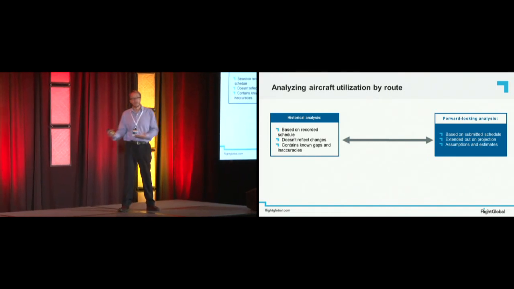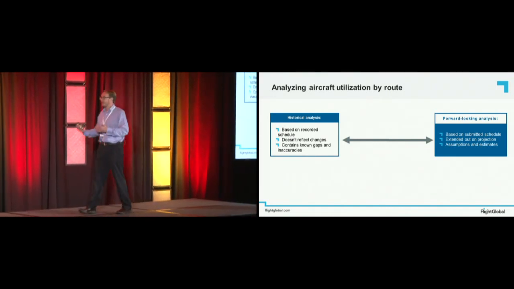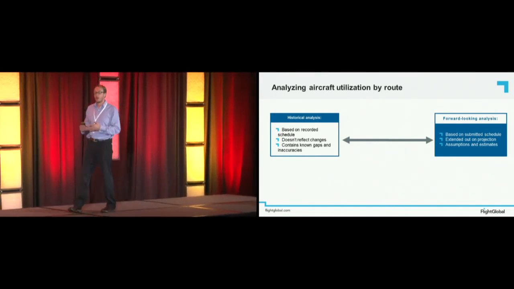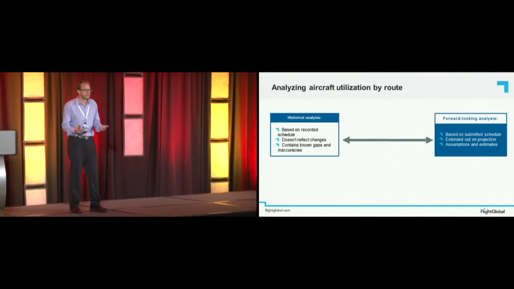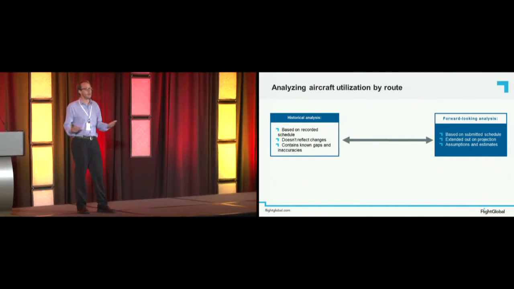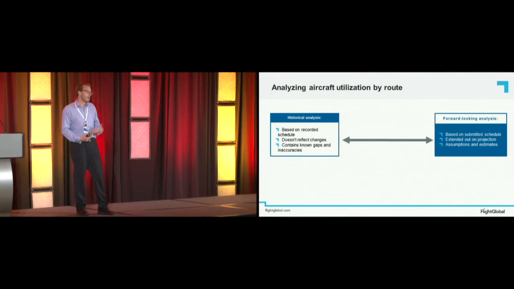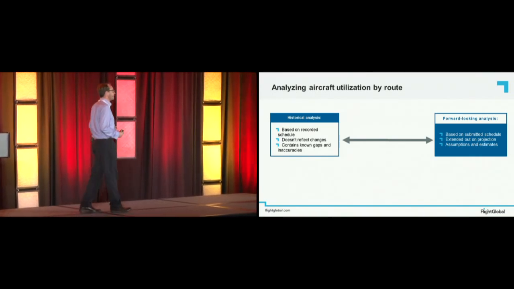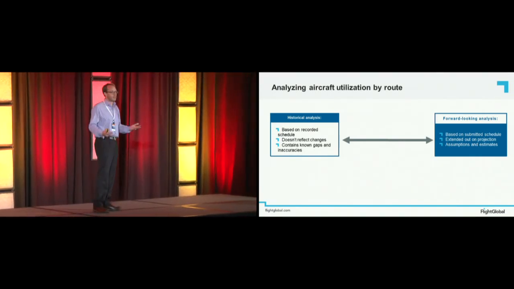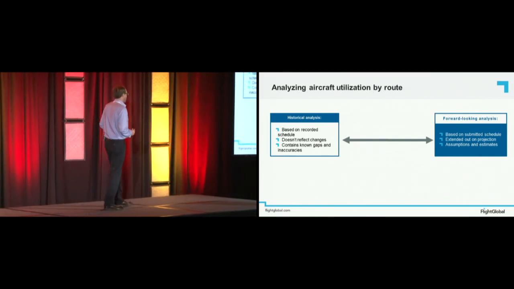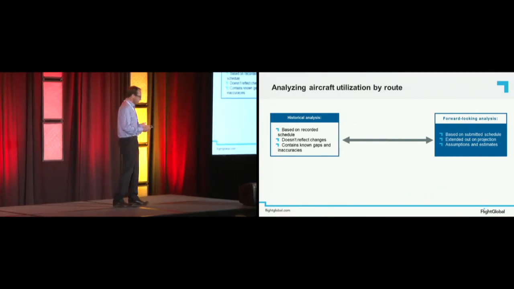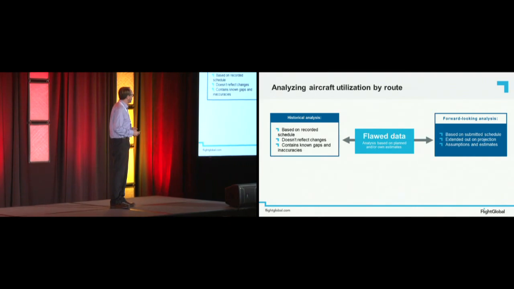There can be events that make that not a viable thing, or sometimes airlines themselves are deliberately vague. They don't really know what they're going to allocate, so they say, yeah, I'll probably operate a 747-400, but I'm not sure, and they might change it. So that has some challenges, really, and you end up with a flawed data set.